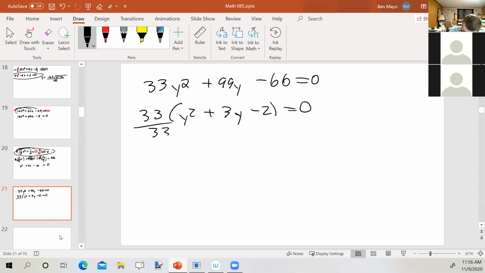And then divide both sides by 33. So basically you'd have that, where a is 1, b is 3, and c is -2. And then you can use those numbers for your a, b, and c. Okay. Let's take a look at some other examples.